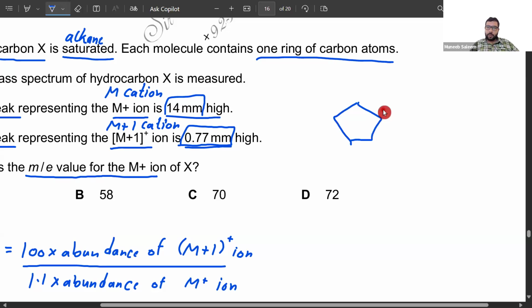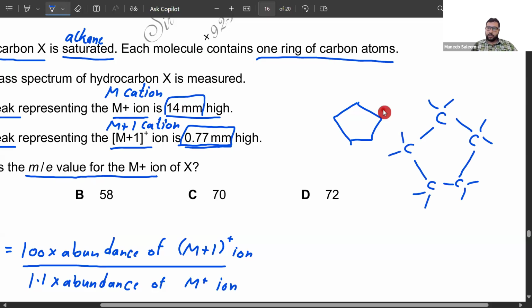This is the skeletal formula, or the display formula, having 5 carbon atoms. Now it says it's saturated. That means there should be no double bond, and all the carbon atoms must be bonded with hydrogen. So just add the hydrogen atoms like this.